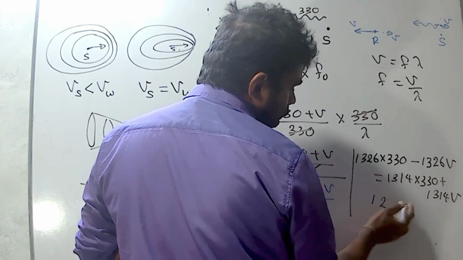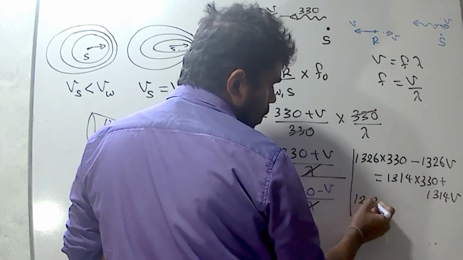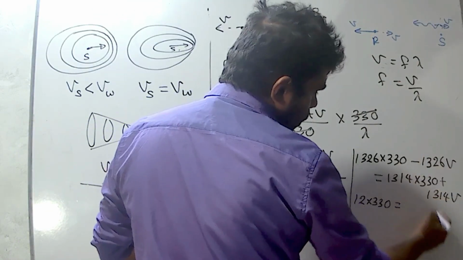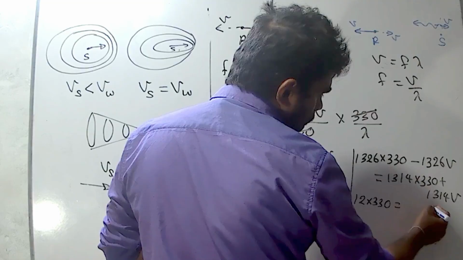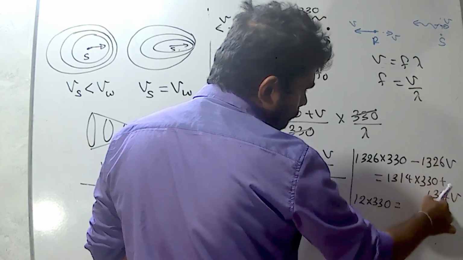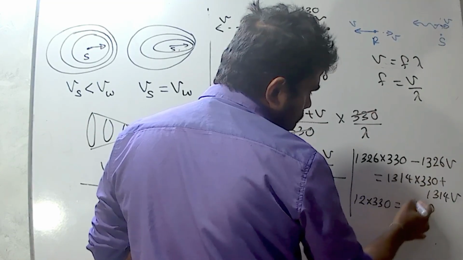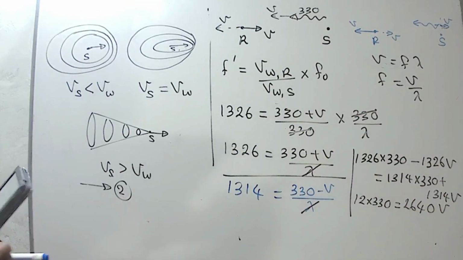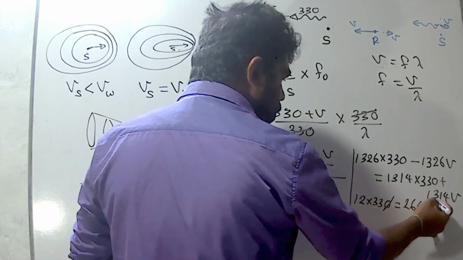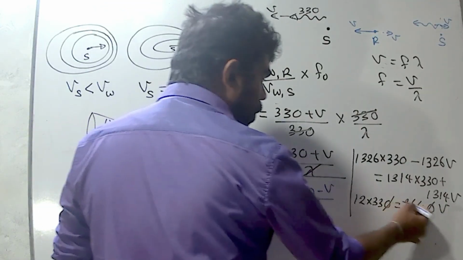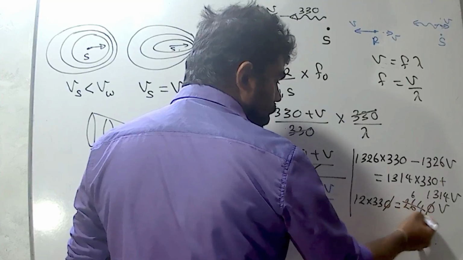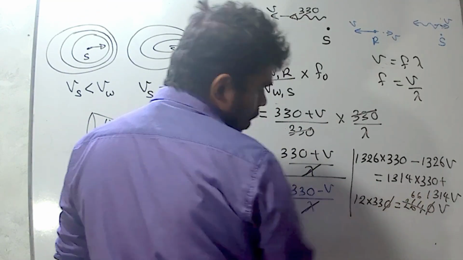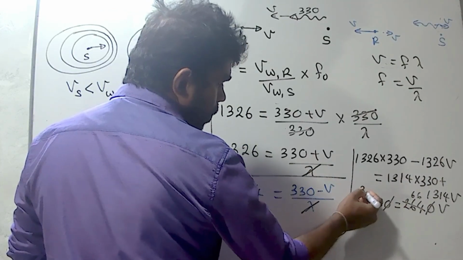12 into 330 equals 2640v. Now we can cancel out the zeros and divide by 4, 6, divide by the remaining 2: 24 divided by 4, 6; 66 divided by 4, 3.